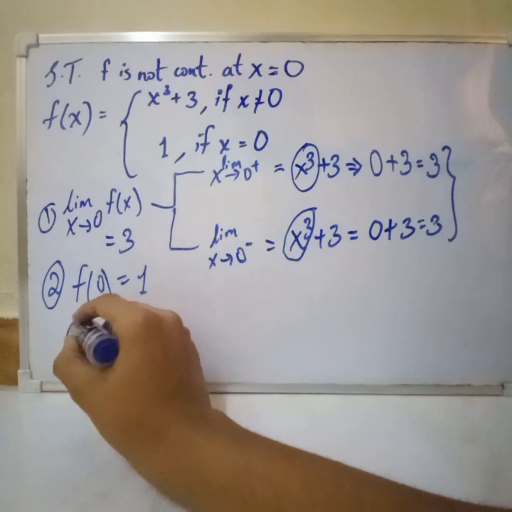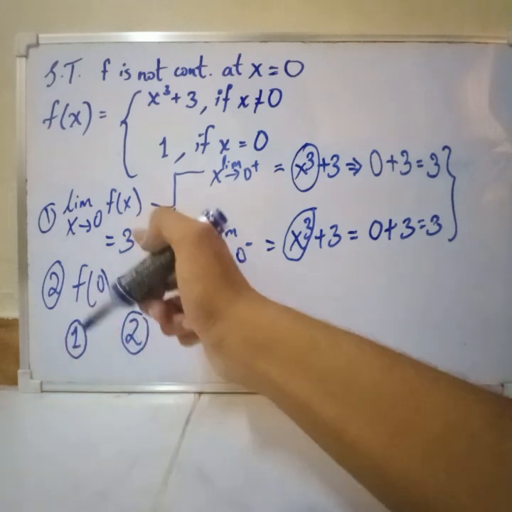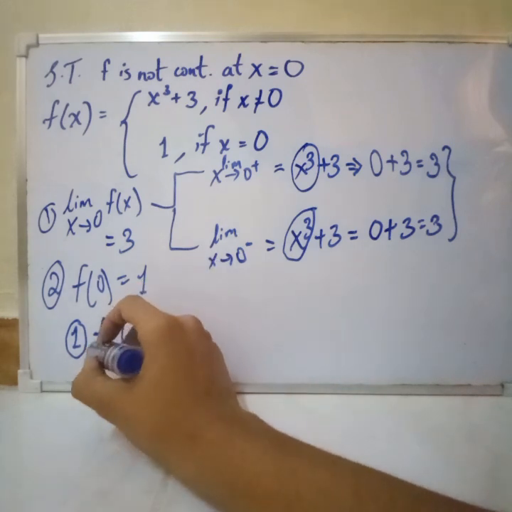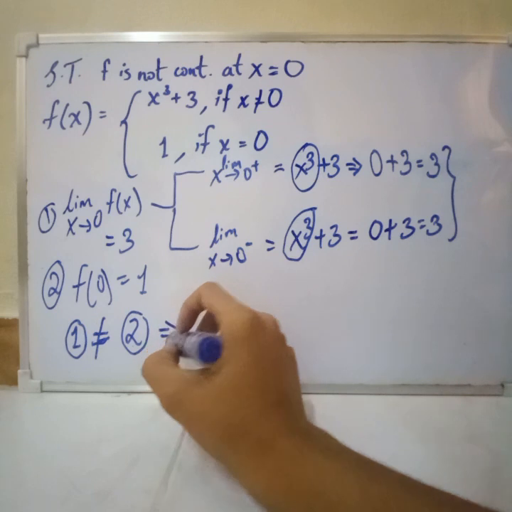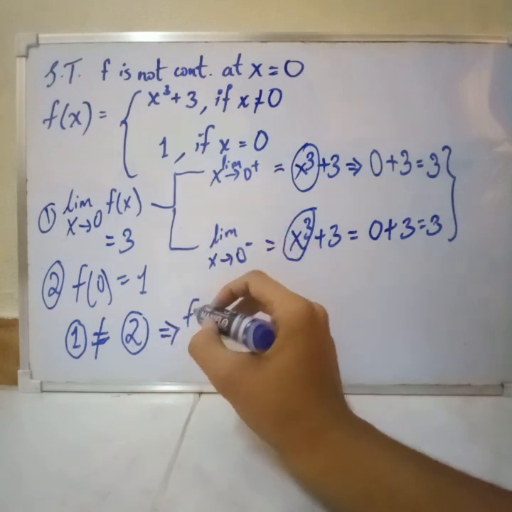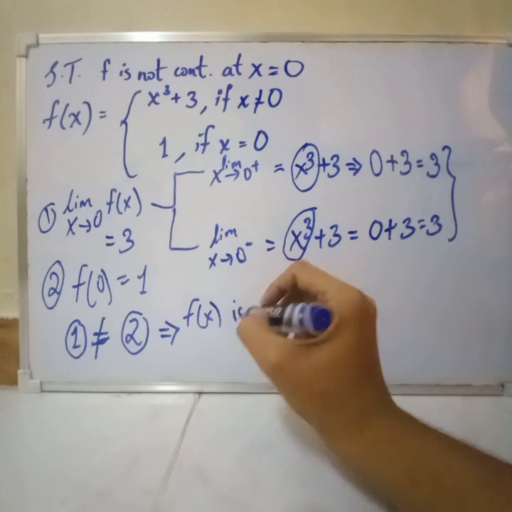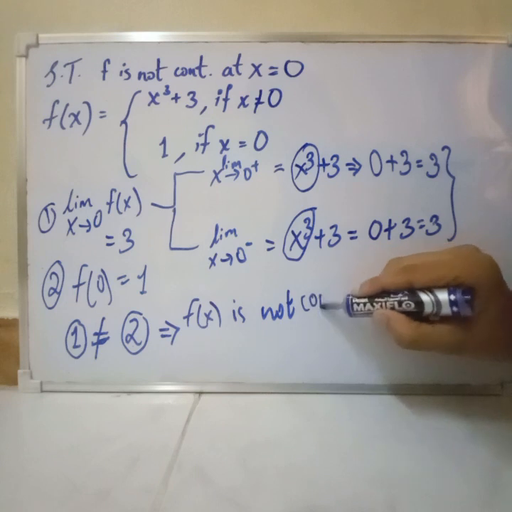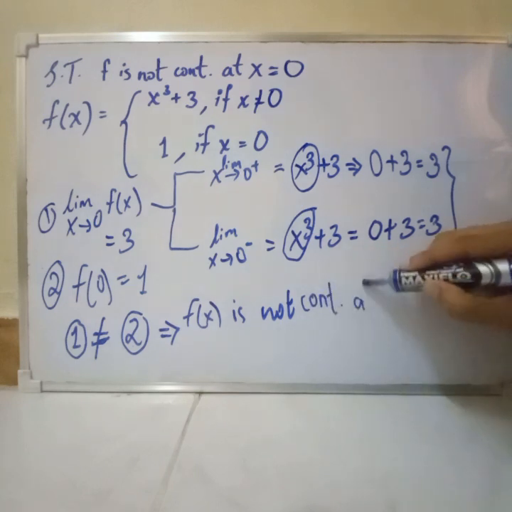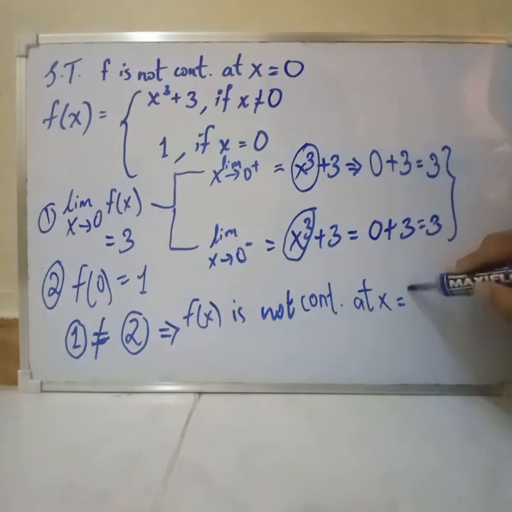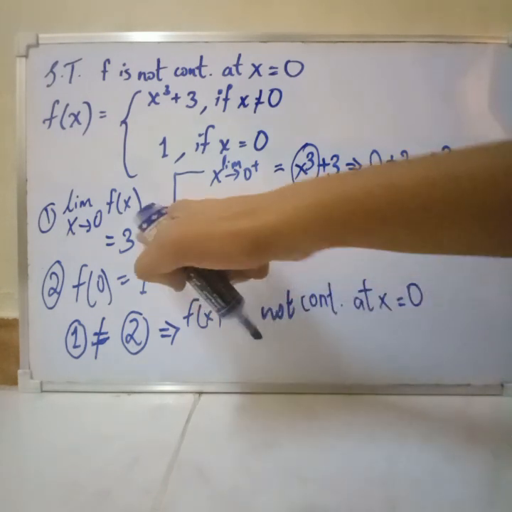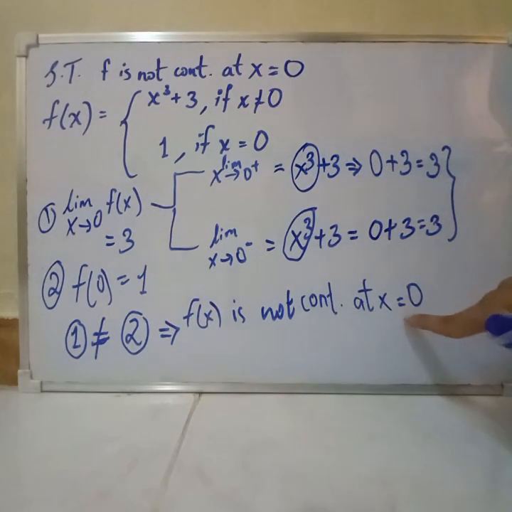Now when we compare 1 and 2, the first answer is 3 and the second answer is 1, and as you can see both are not equal, so the given function f of x is not continuous at x equal to 0, because we are having two different answers, and only if both are equal will it be continuous. As both are not equal, at this point x equals 0, the given function is not continuous.